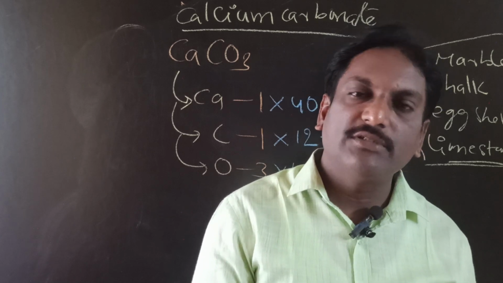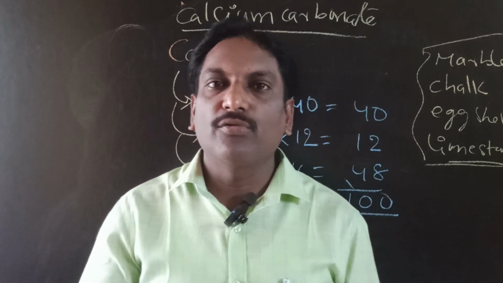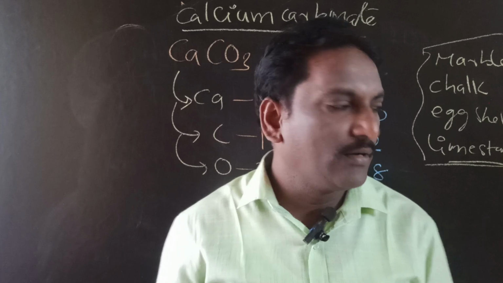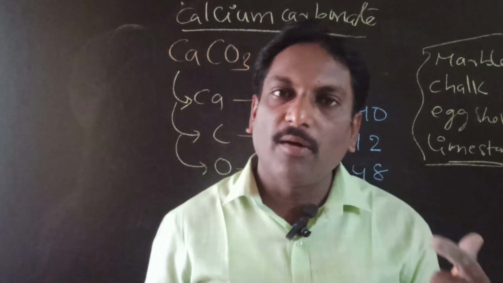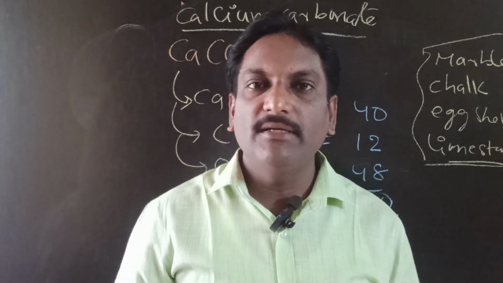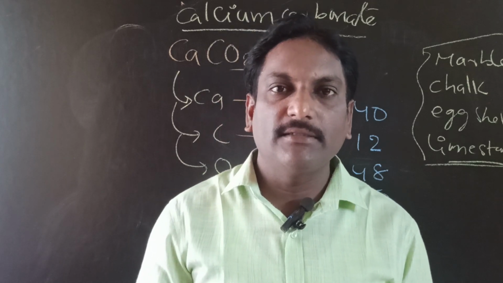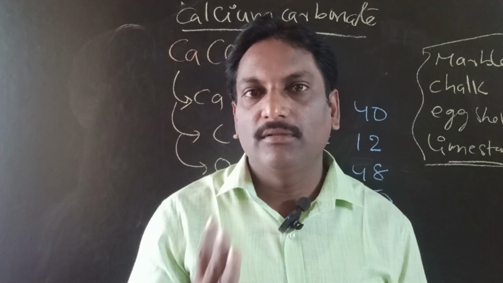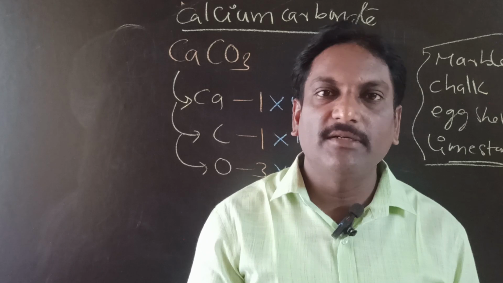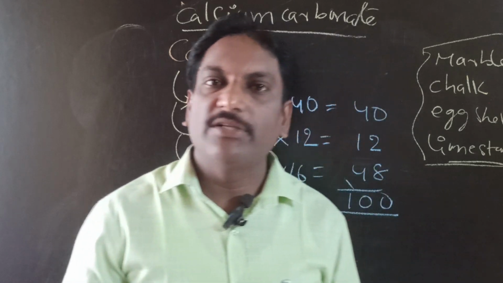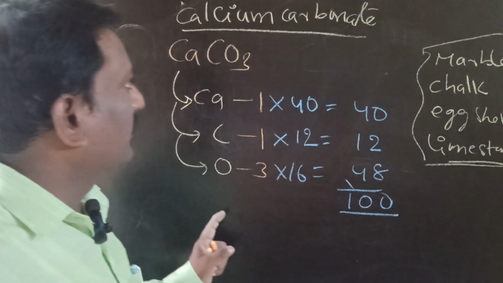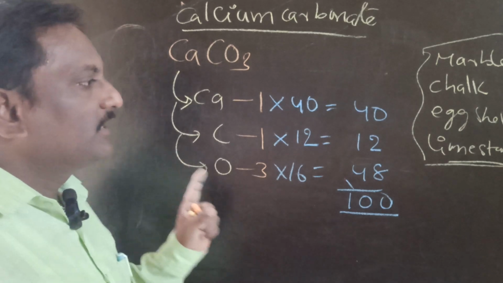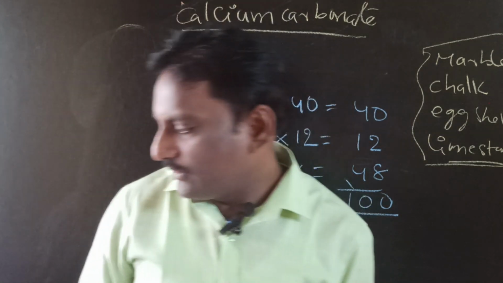Please go through that video, then you will get a clear picture of how to write a chemical formula. Right. Next, please remember the atomic masses of elements 1 to 20. Apart from that, important atomic masses, that means elements like iron, copper, zinc, like that. Okay. Right.